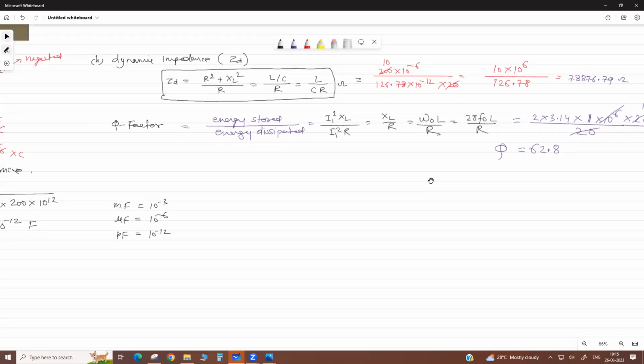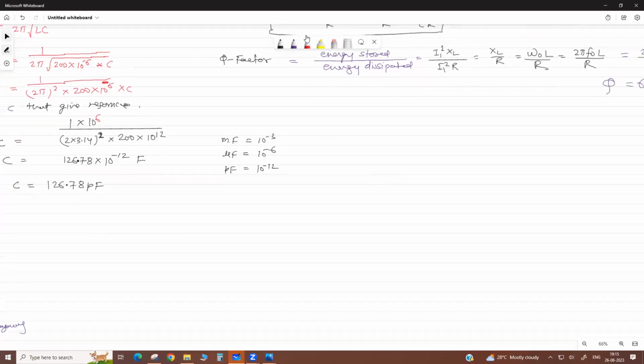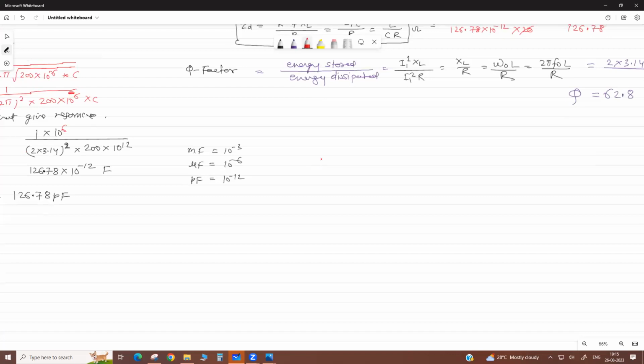Now again we have to draw here. See, your total circuit has one resistance, then this resistance of the coil, then here is a capacitor.